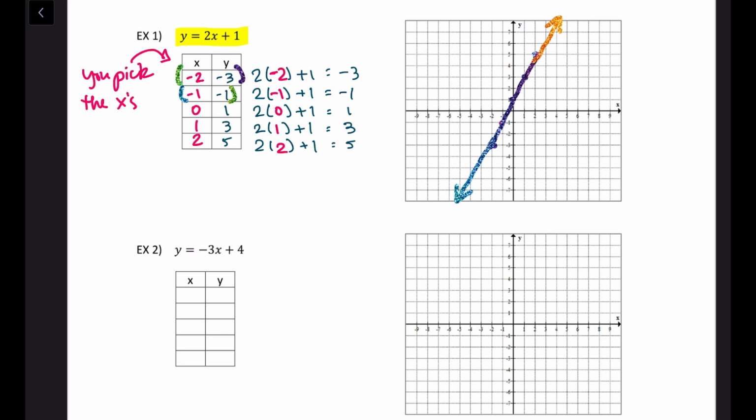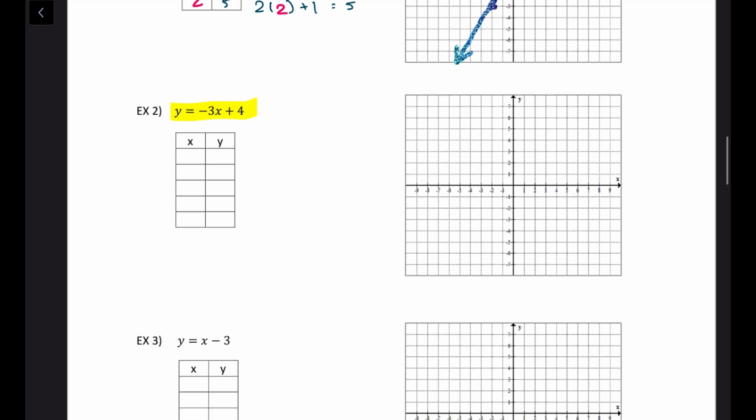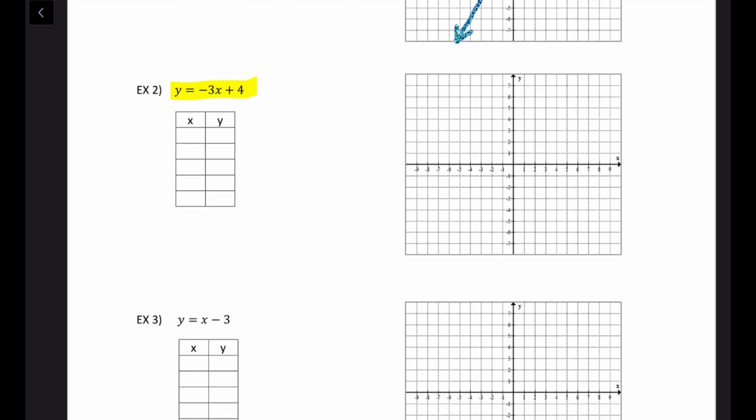So we will do it again with a new equation. And I'm going to pick my same x values, -2, -1, 0, 1, and 2. So my formula is -3 times x plus 4, but I'm leaving parentheses for my x values so I can plug in the numbers that I picked.